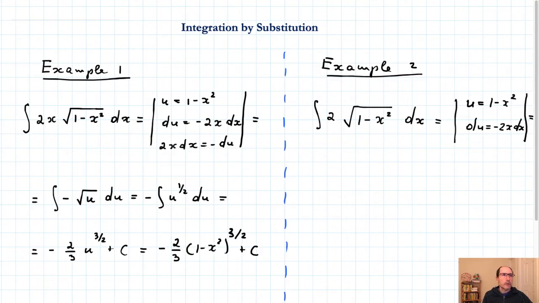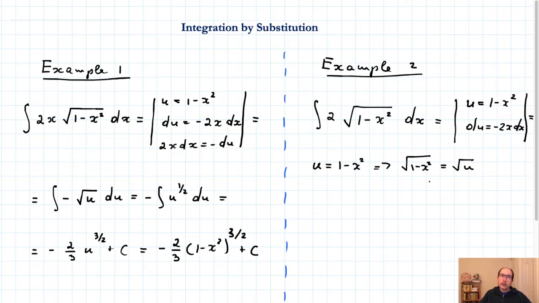One reason using this substitution is reasonable is because if we substitute u equals 1 minus x squared, then the square root of 1 minus x squared becomes simply square root of u. And so this substitution does simplify one of the terms in the integral.